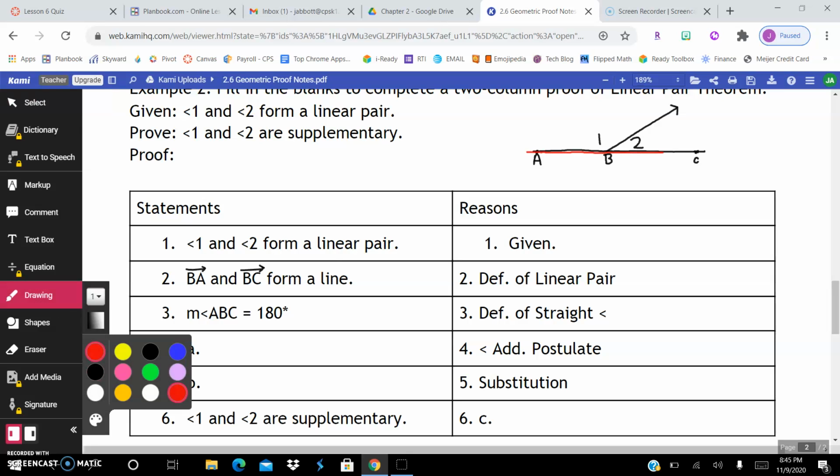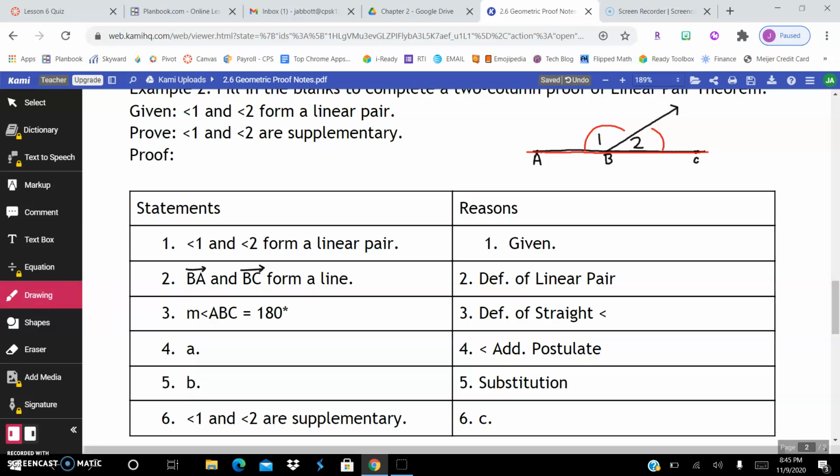If this angle is 180 degrees, then this angle plus this angle would make 180 degrees given this information that ABC was 180. So we can go ahead and fill in that the measure of angle 1 plus the measure of angle 2 would be the measure of angle ABC.